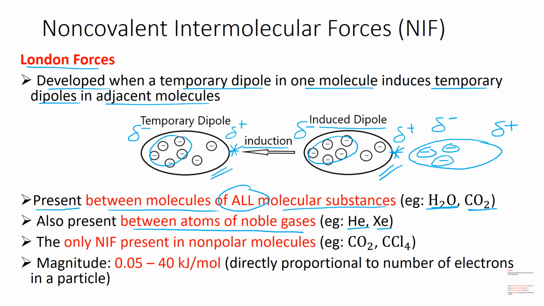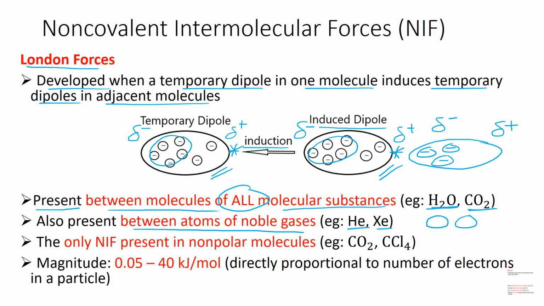So we know that noble gases hardly react with other elements, or even with another atom of the same element. For example, we have helium gas. Let's say you have this helium atom and then another helium atom.